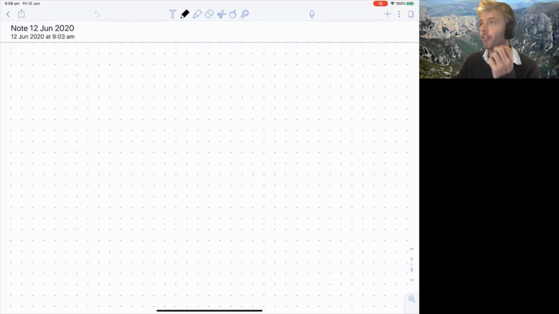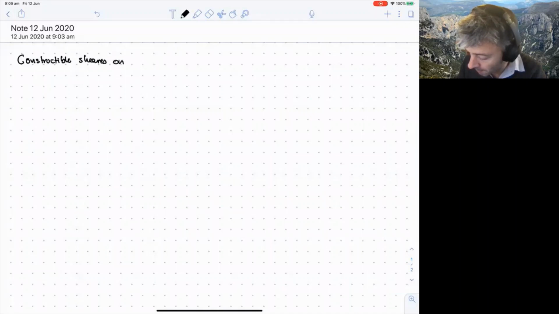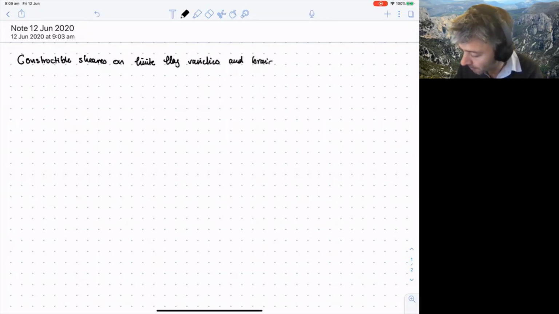Okay, so now we're back on the constructible side. So basically this lecture is about constructible sheaves on finite flag varieties and Braid groups.